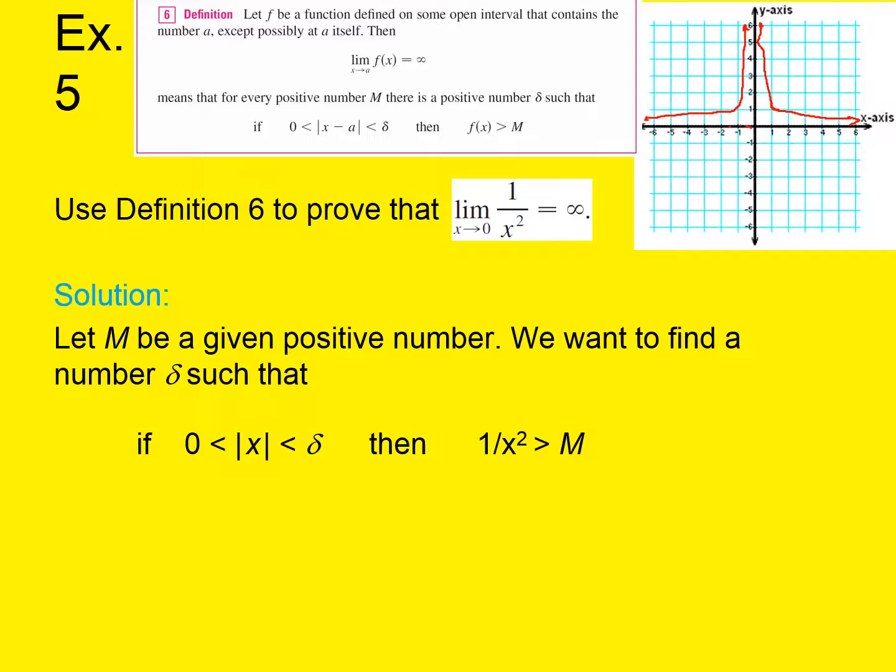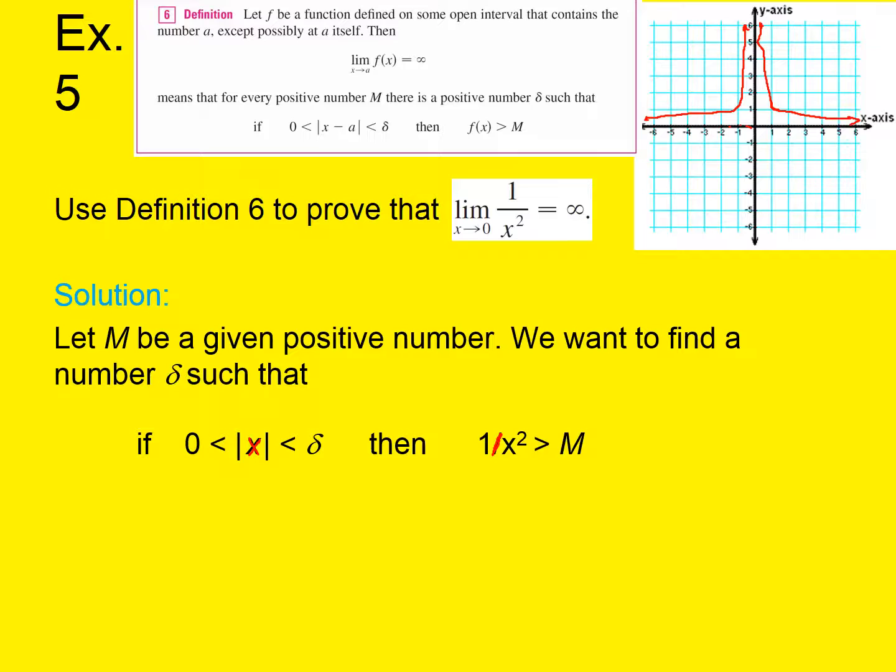Now here we are with this function 1 over x squared, and we're going to reimagine the inequality in terms of absolute x.